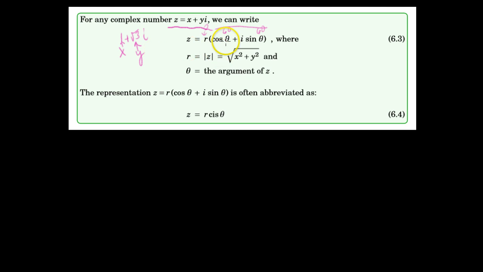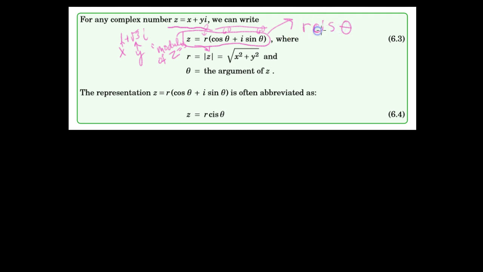And then to find theta, you have to set up a triangle in the xy plane, and that will help you. This is called the modulus of z, which is what the radius is, or the r value, okay? But remember, we're in the complex plane, so it's the modulus of z right there. And a short way to write this, and they say it in the book a little below, is r CIS theta.